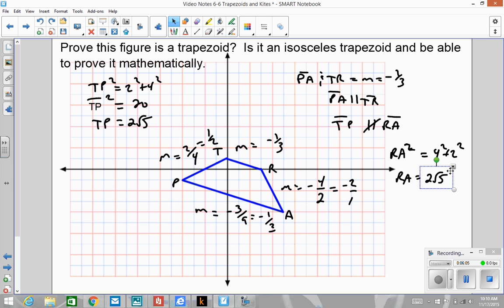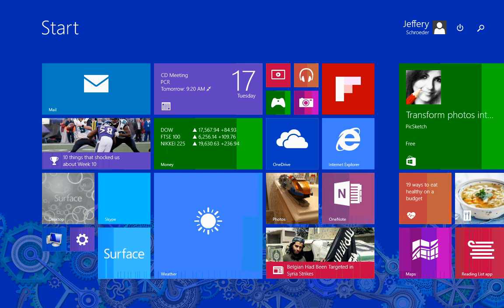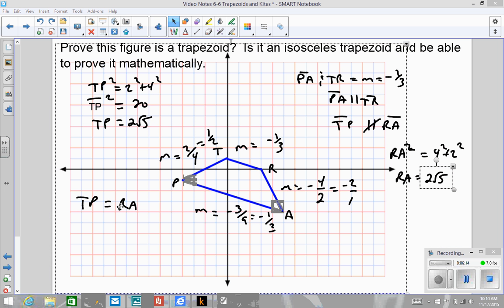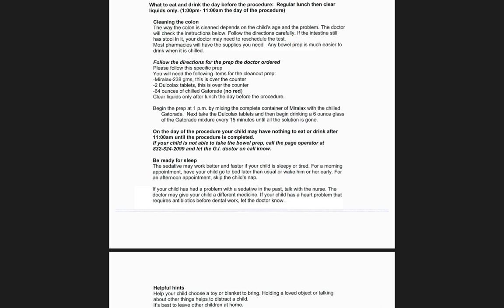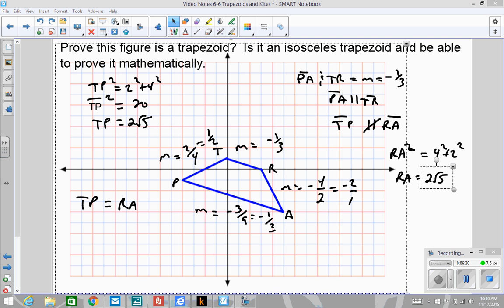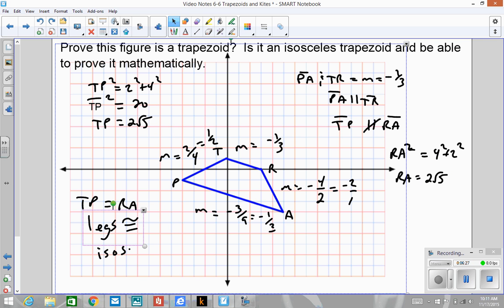Since TP is equal to RA, we know the legs are congruent. So we have an isosceles trapezoid. Just like when we did the other figures, don't forget to do that one.